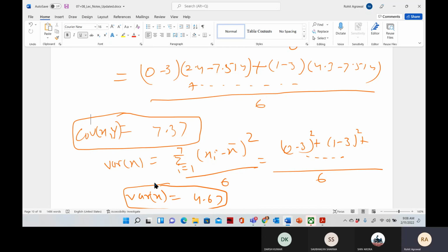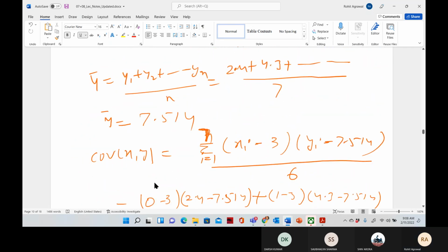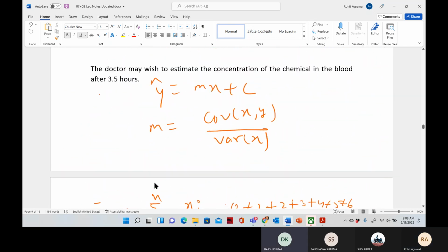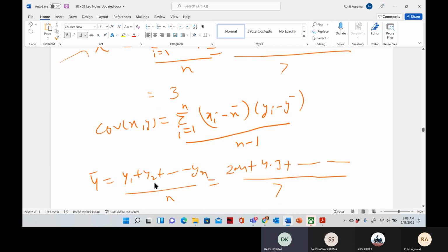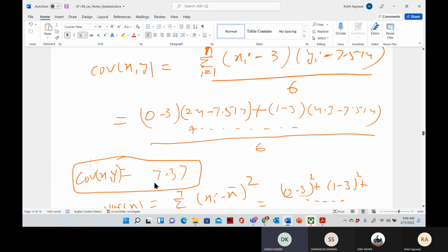Clear. So take a 2-minute break and ask me your doubts. Sir, is there a short formula for calculating covariance and variance? Because if large numbers are there, this will take a lot of time. Yeah, that's why in the numericals we generally use a small data set, because it is very difficult to solve and takes too much time.